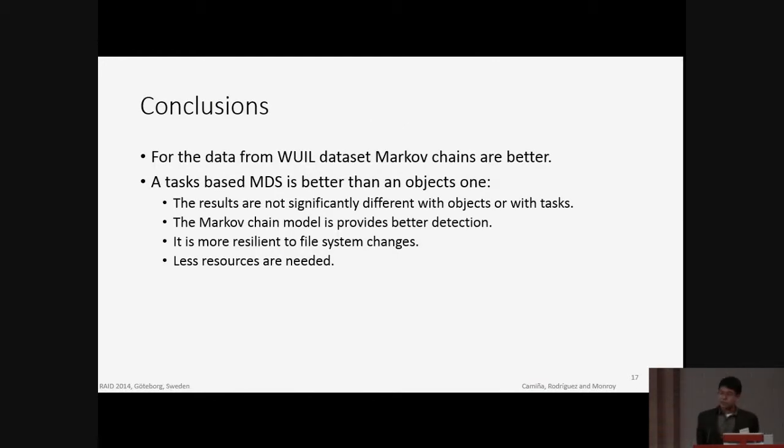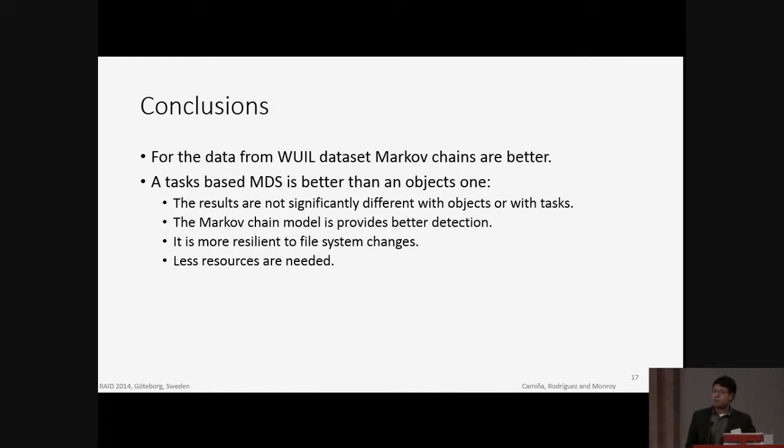So for the conclusions, at least for WUIL, the Markov chains are better, and we don't have a really big difference between the objects used and the tasks used. That is good because the tasks work at least as well as the objects, and that is the abstraction we're presenting today. We aren't saying that using the objects is the only solution.